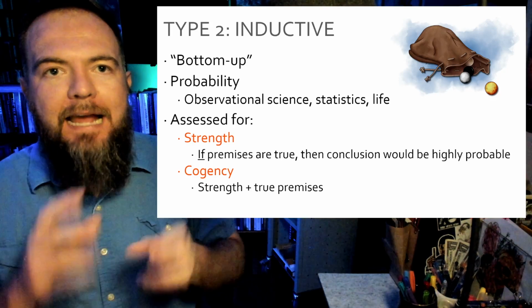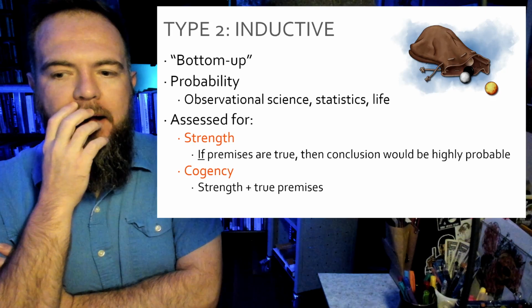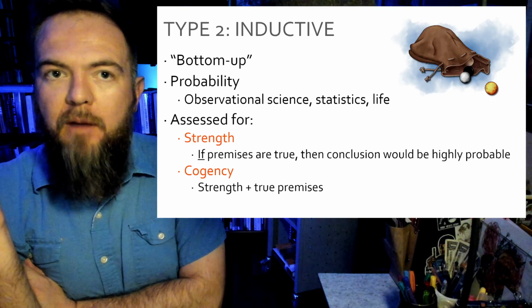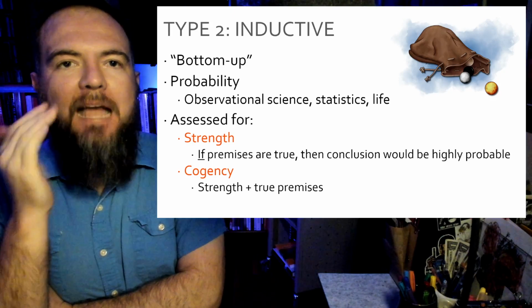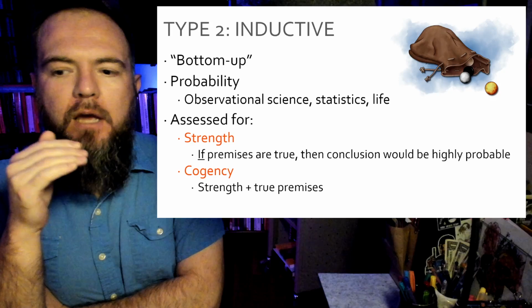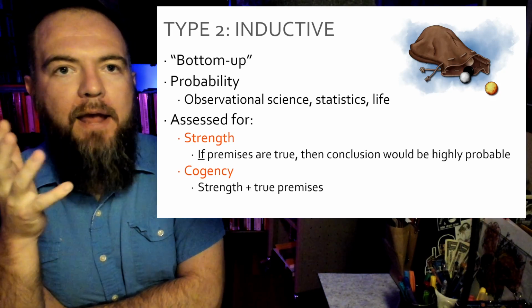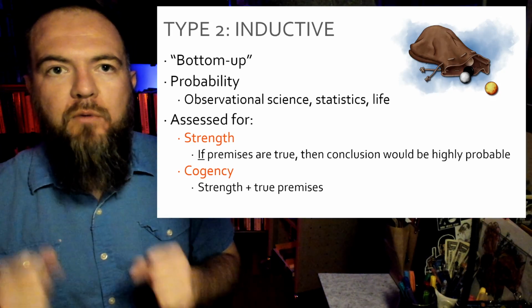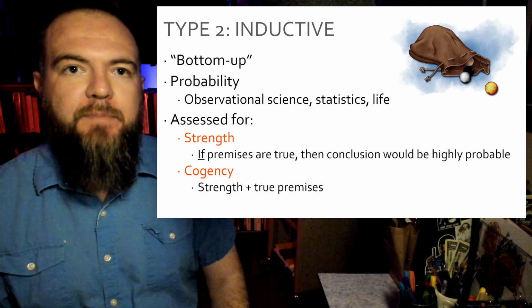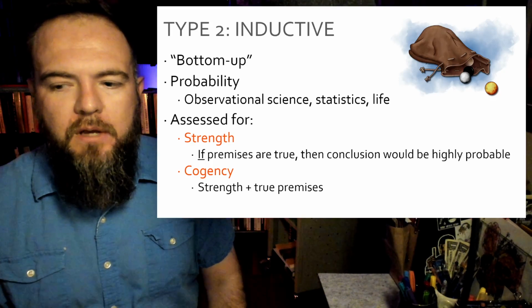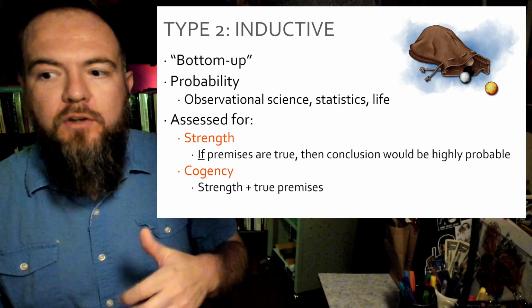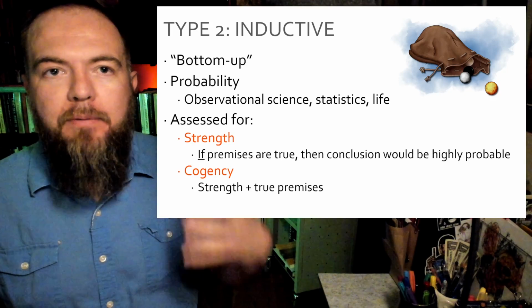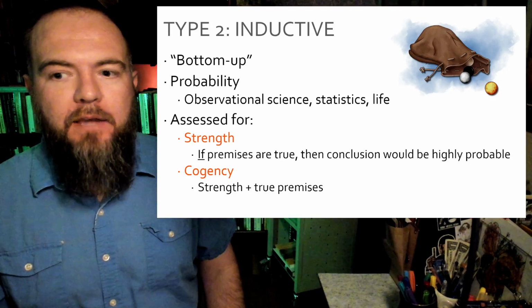The ideas are connected in the right way. Again, we can only talk about probability with inductive logic. And instead of soundness, we have cogency. Cogency is strength, so the pieces connect in the right way, and we have a really high probability of things being true if the premises are true. Then we look at all of the premises and they end up being true. So now we know that we have a high probability of truth in this particular case.